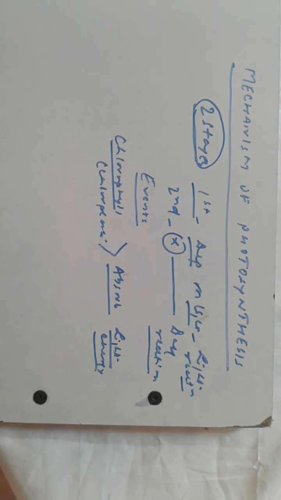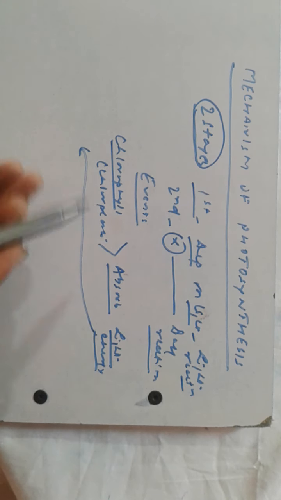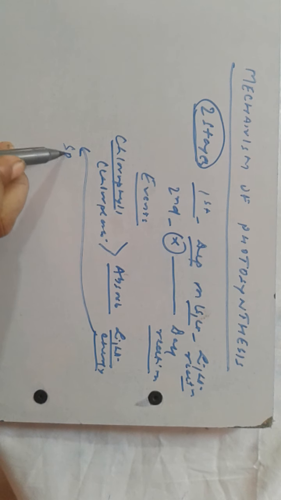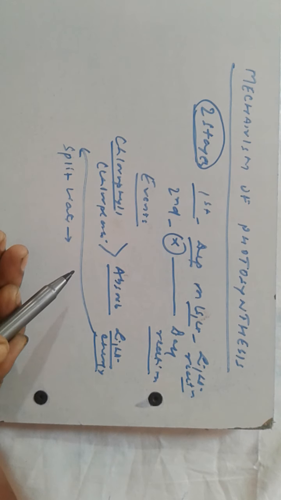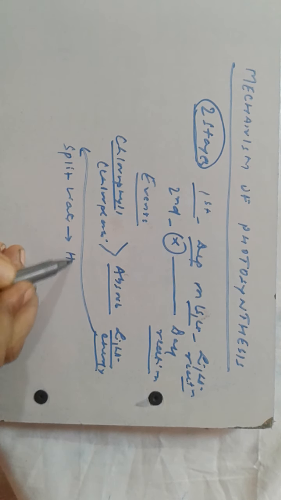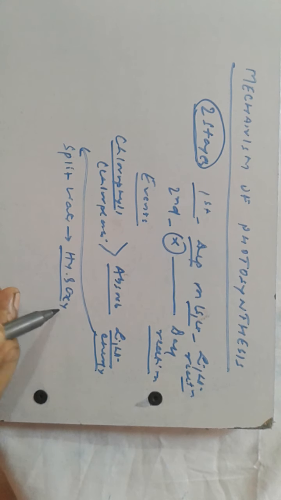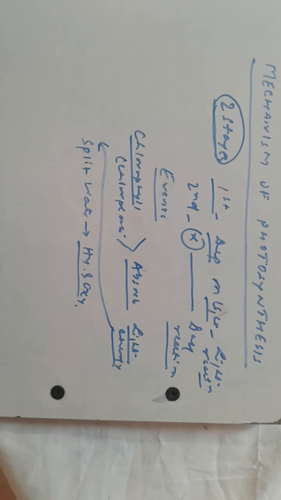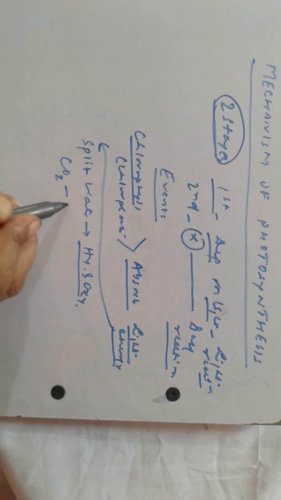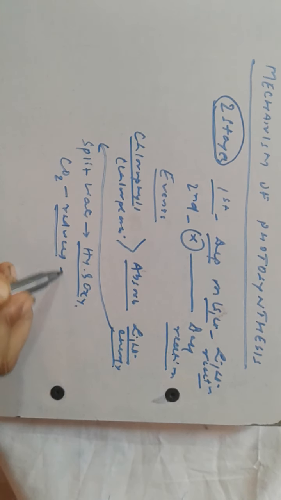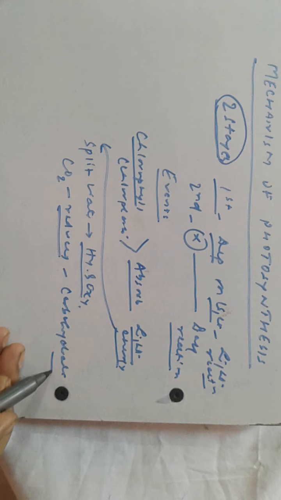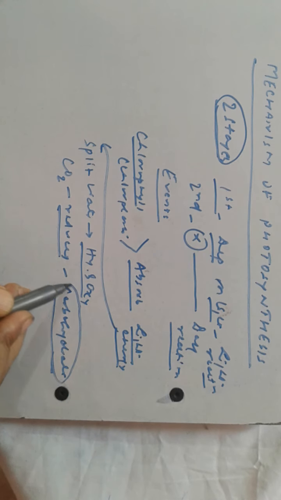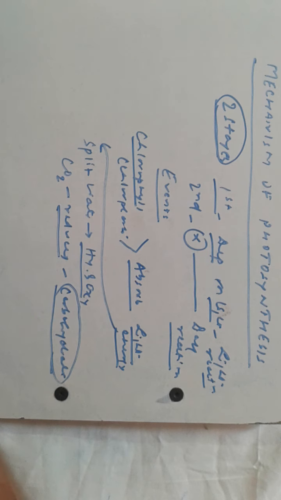That light energy is used to split water into hydrogen and oxygen. Finally, carbon dioxide is reduced to carbohydrates, that is glucose, and that is the end product of photosynthesis. So the events take place in this manner.